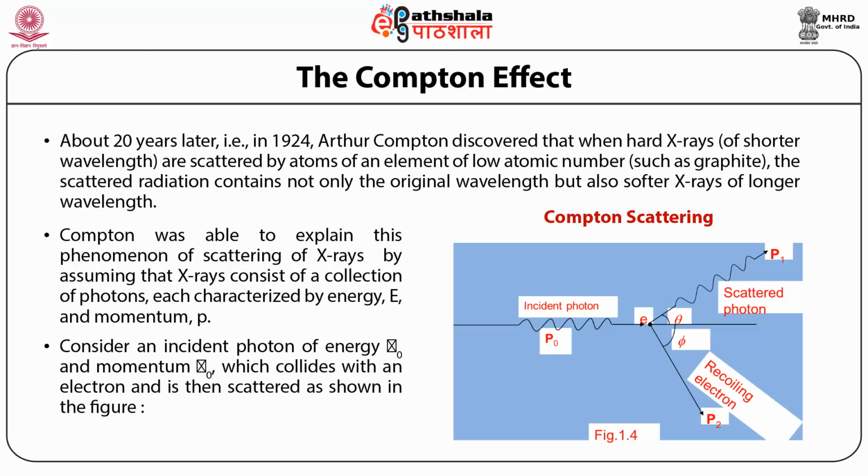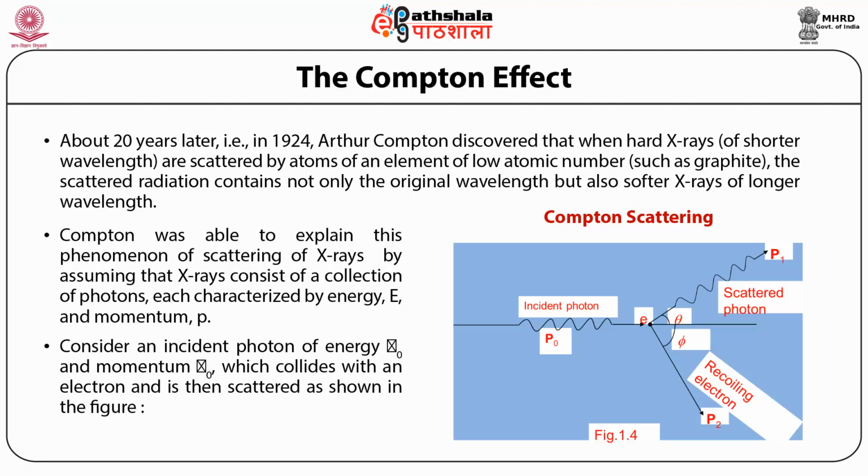So, using the law of conservation of energy during collision, we have E0 equals E1 plus T, where T is the kinetic energy of the recoiling electron given by T equals [m square c to the power 4 plus c square p2 square] to the power half, that means square root, minus mc square, equals c into (p0 minus p1).